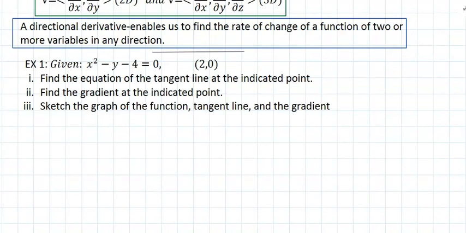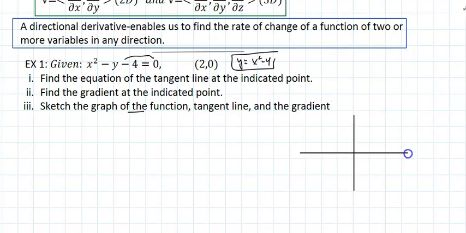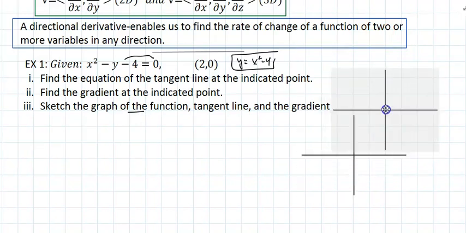So given x squared minus y minus 4 equals 0, we know what that is. If you move the y over, that says y equals x squared minus 4. That's a parabola. Sketch the graph of the function. Even though we're supposed to do that last, I can glance at it right now.